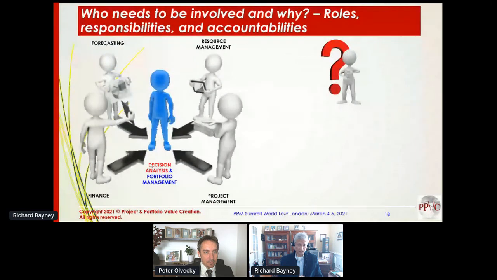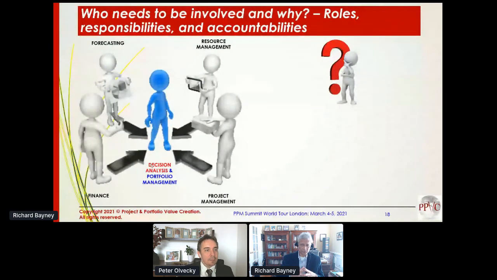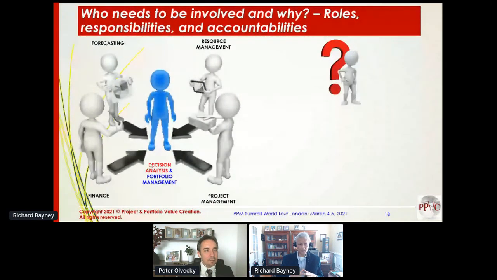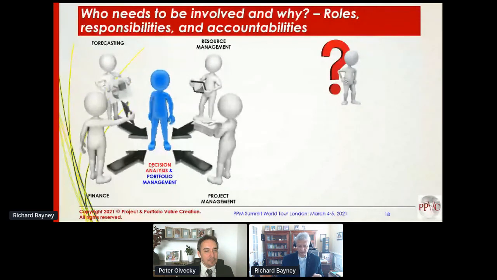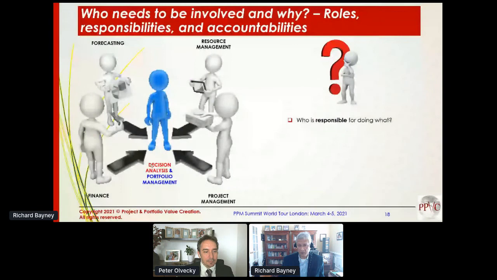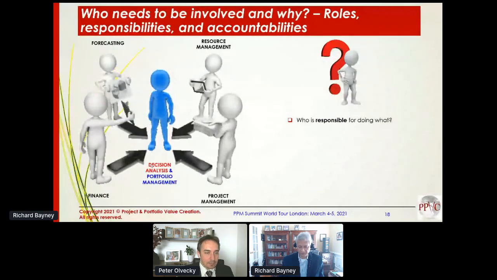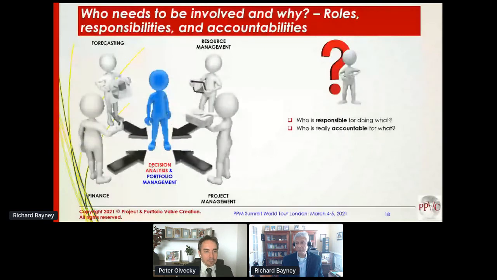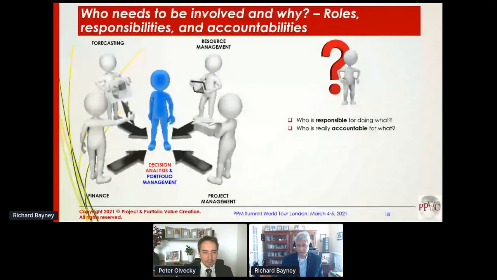However, if you don't address the need for good process to assure alignment, then a number of questions generally emerge. Who is really responsible for doing what? Who is really accountable for what as opposed to merely being responsible?